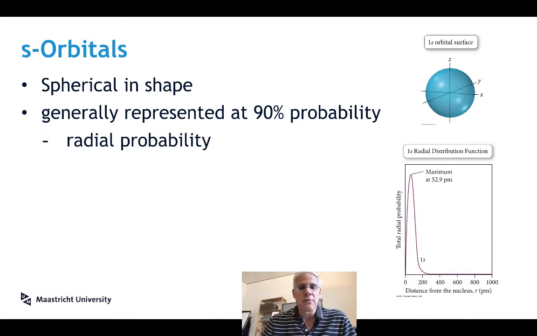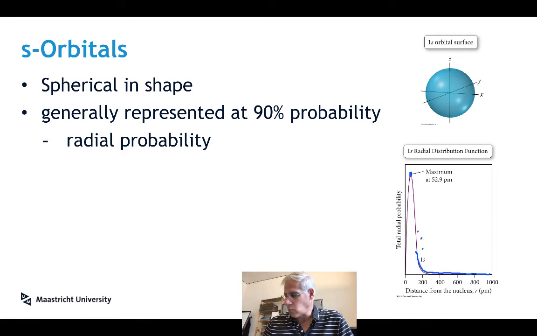So we have this idea of radial probability, and we can see that we have a maximum probability of finding the electron around 52.9 picometers away from the nucleus. However, you can go all the way out, and as this distance goes farther away from the nucleus, the probability drops and drops and drops, but it never actually reaches zero, which is why you basically have to use a 90% integral.